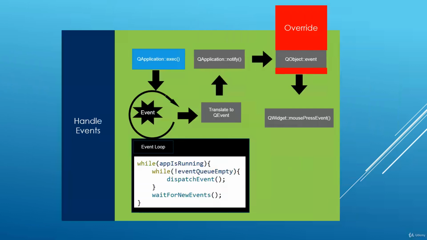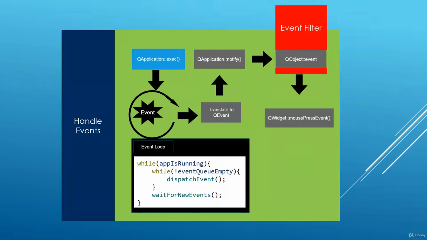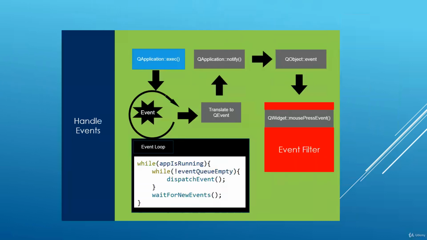And this is going to give you a chance to handle events before specific event handler methods have been called. You can also use filters. You can install an event filter on your QApplication object and handle events there before they go to other parts of your application. You can also install an event filter on your object. And last but not least, you can do the most recommended thing really, to use your specific event handler methods to handle your events.